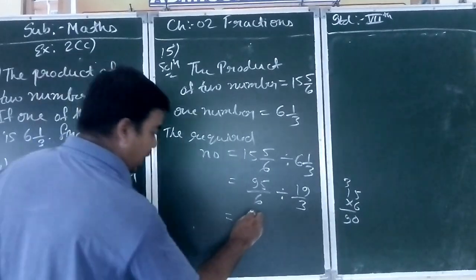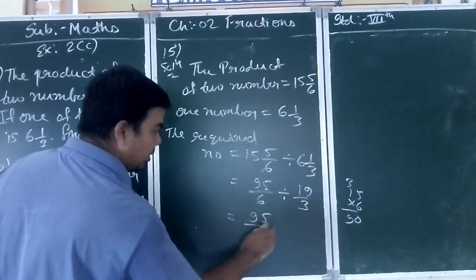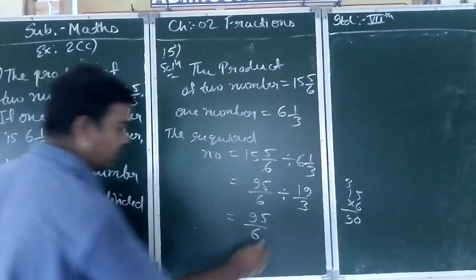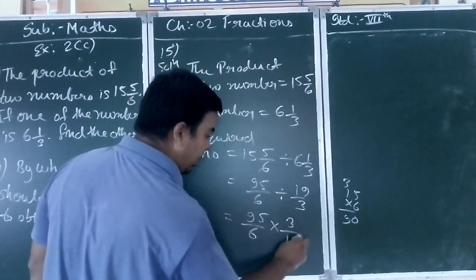Okay. So 95 by 6, divide sign changes into multiplication, 3 by 19.